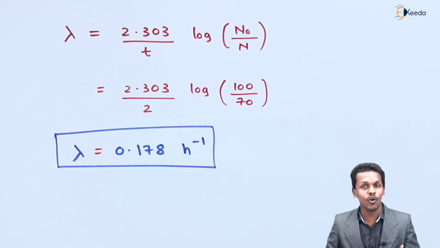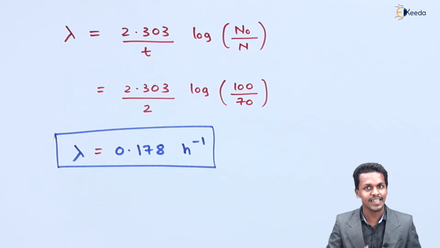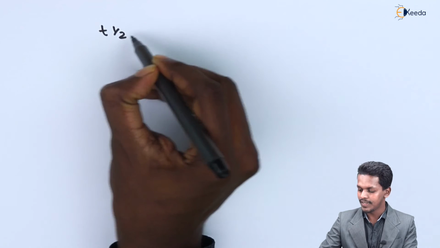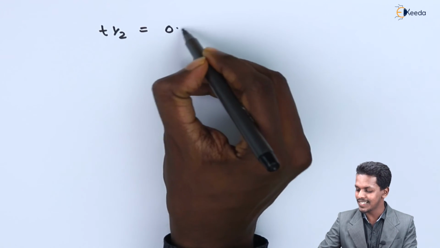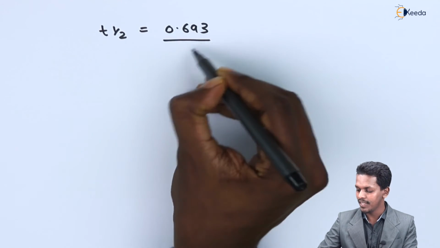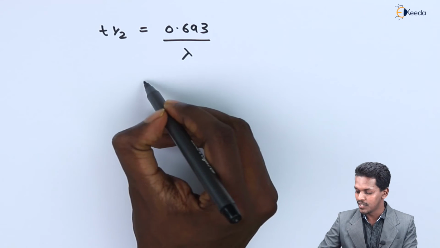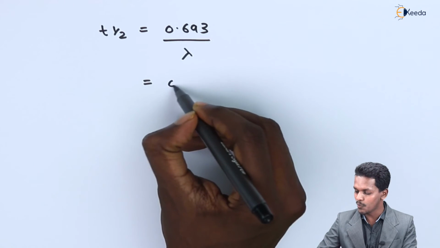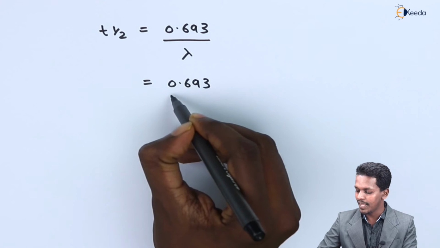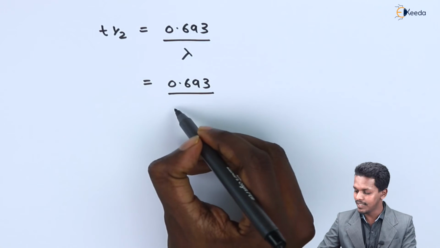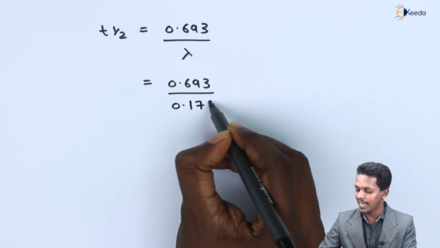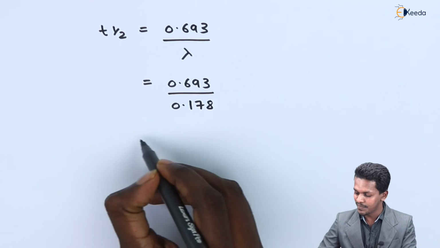For that we have a formula: T half is equal to 0.693 divided by lambda, the decay constant. So now let us find out what T half is. T half, the half-life, is equal to 0.693 divided by the decay constant lambda. So here we substitute the values: 0.693 divided by lambda, which we have got here as 0.178 hour inverse.